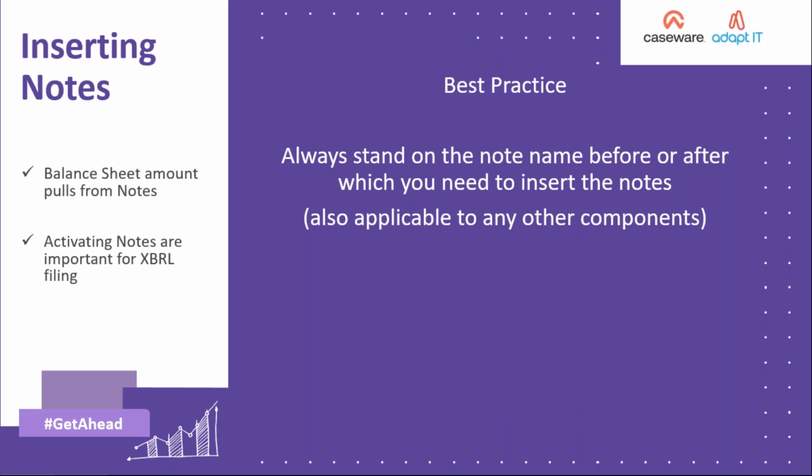I think I've mentioned it a lot of times, I've said important quite a lot, is to always stand on the note name before or after which you want to insert the note. This is also applicable to any other component. This is what we've done so far. Always click on or stand on the section area where we want to do a modification.